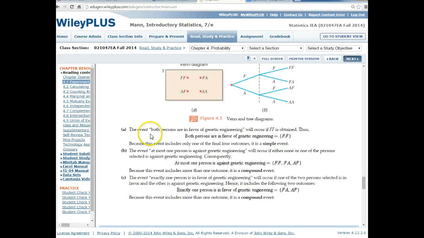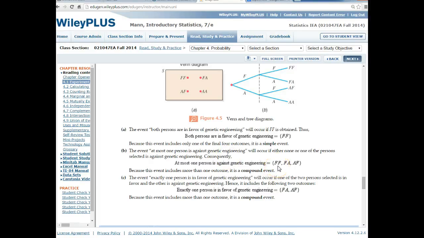So here's an event. The event, both persons are in favor of genetic engineering. What is that? It has to be a subset of these 4. Which subset is it? FF, right? They're both in favor. The event that at most one person is against genetic engineering. At most one person from the 2. So what's that?